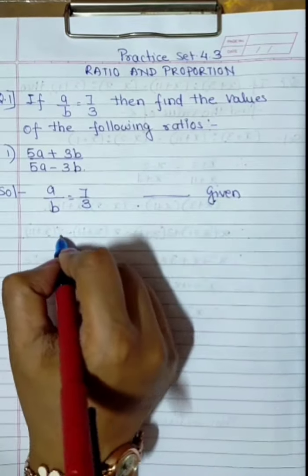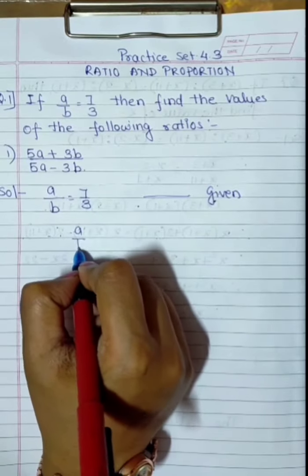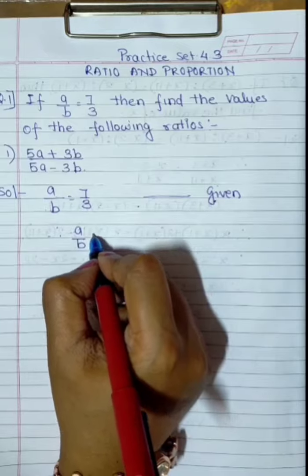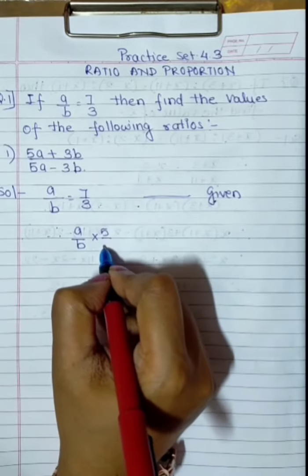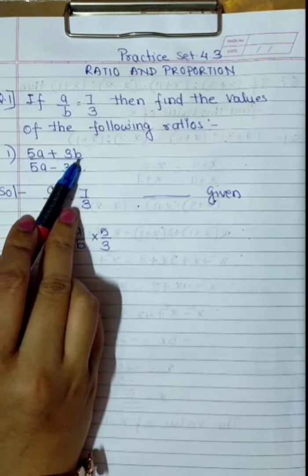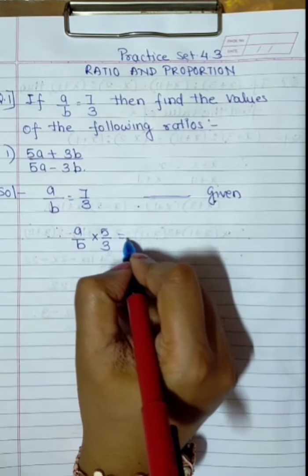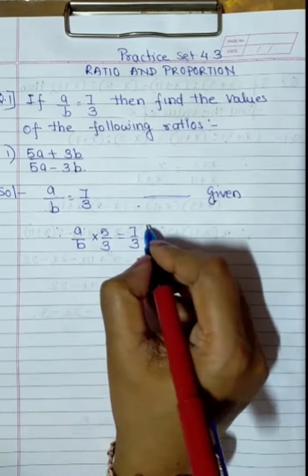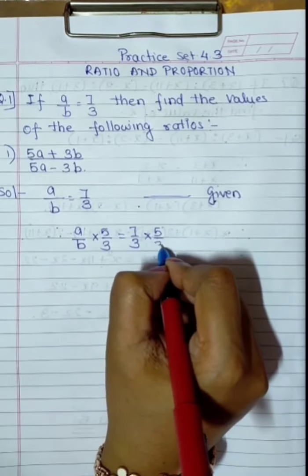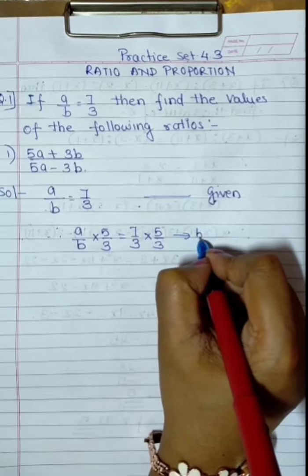Now therefore A upon B is multiplied by 5 upon 3, because here 5A and 3B is given. So A upon B equal to 7 upon 3, multiply both sides by 5 upon 3.